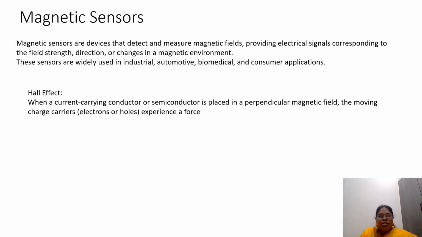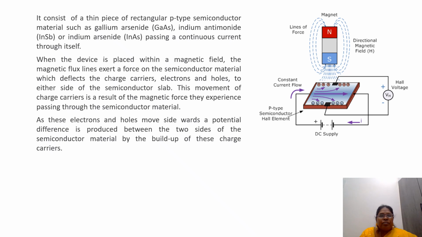Now we are going to see a Hall effect sensor. Here you can see this is the conductor, a p-type semiconductor. We can call it a Hall element. A magnet is placed perpendicular to it.